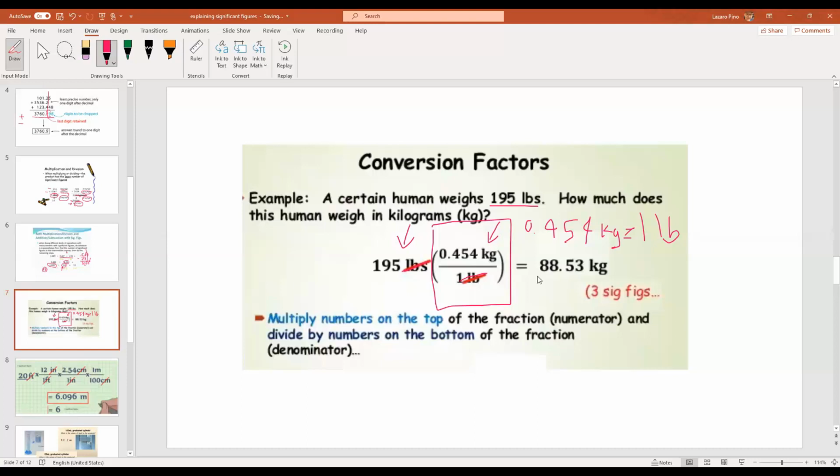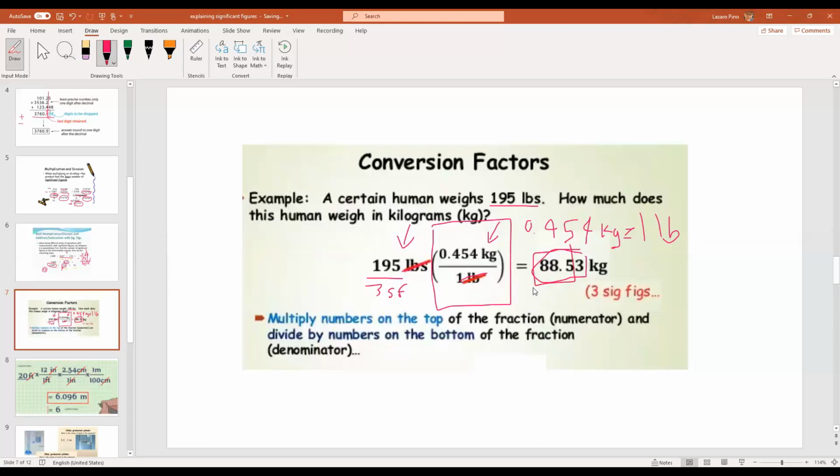But what happened? The given number has 3 significant figures. So the answer cannot be this big number. It must be until here.